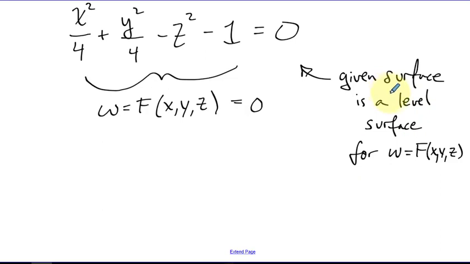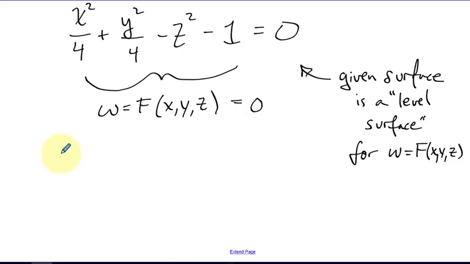It's called a level surface, and the way I interpret the meaning of level is that you've got all the points where you're at a constant level, in this case a constant level of 0, where w equals 0. In 3-dimensional space, where w is the same value, is a 3-dimensional surface. This is a fascinating, beautiful idea.